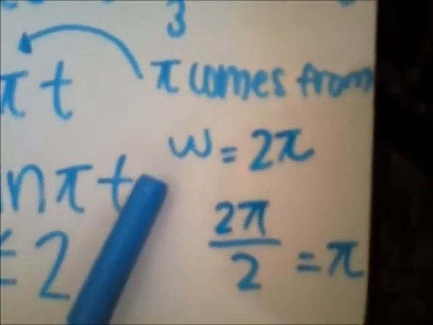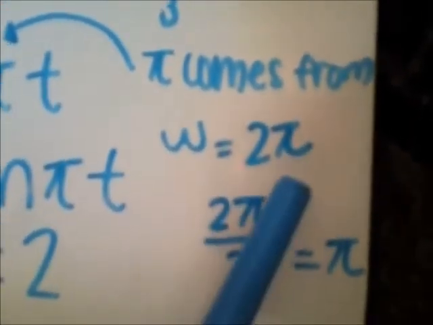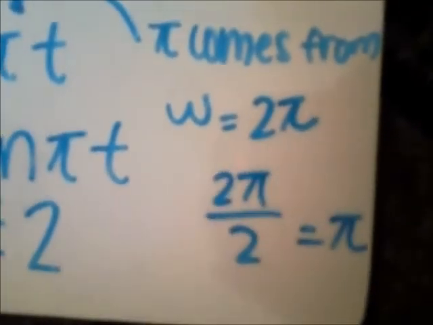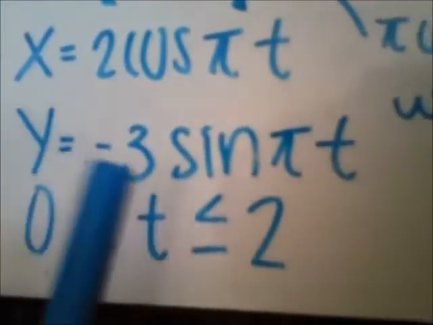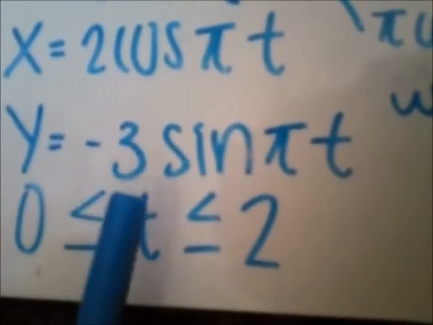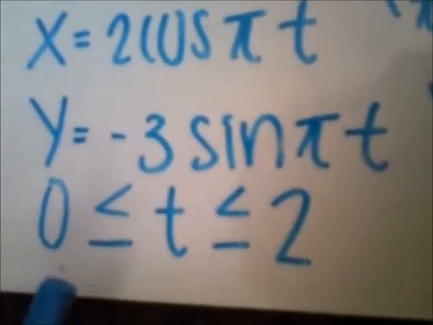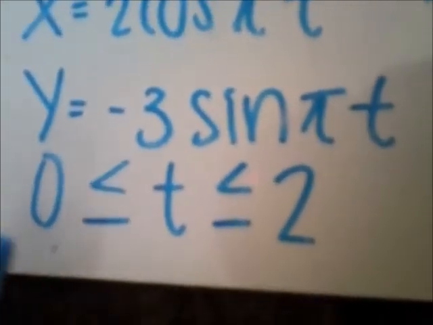Where did this pi come from? Well, omega equals 2 pi in 1 second, but this is 2 seconds, so we divide by 2, which is pi. And y equals negative 3 sine pi t, and the time interval will be between 0 and 2 because it's 2 seconds.